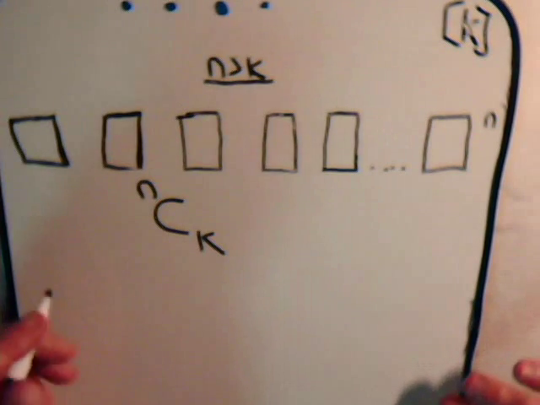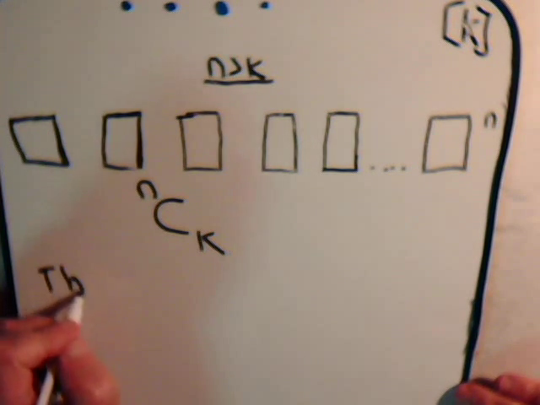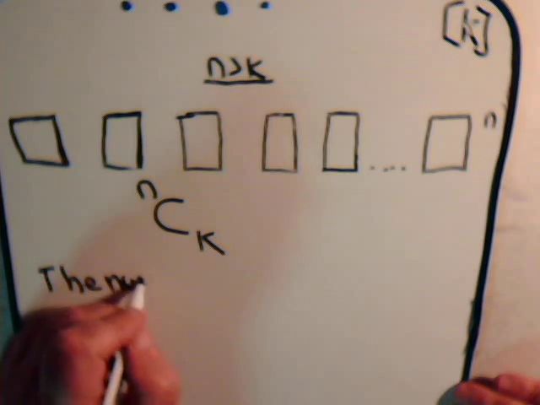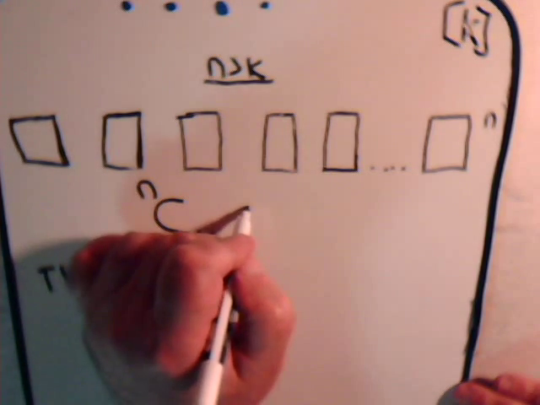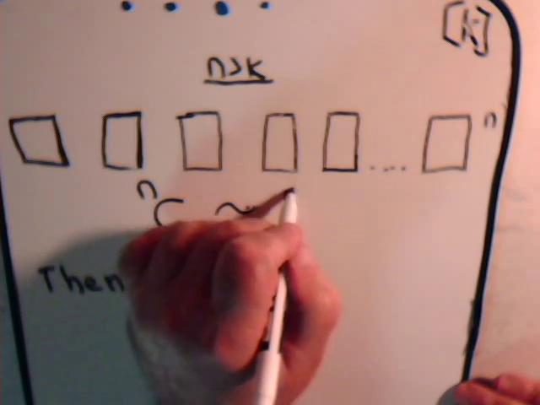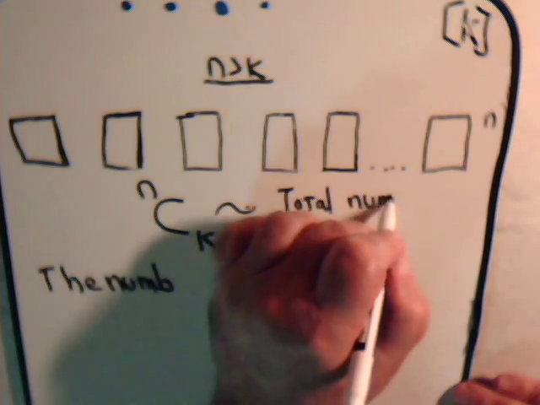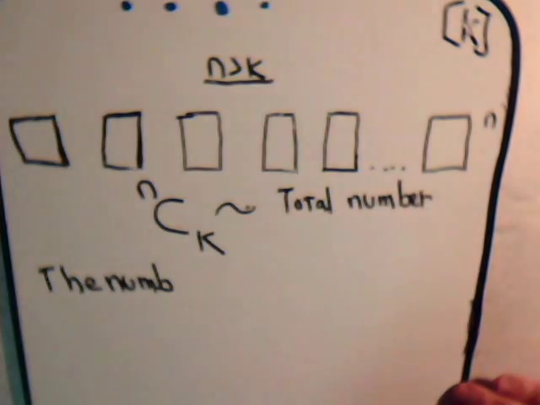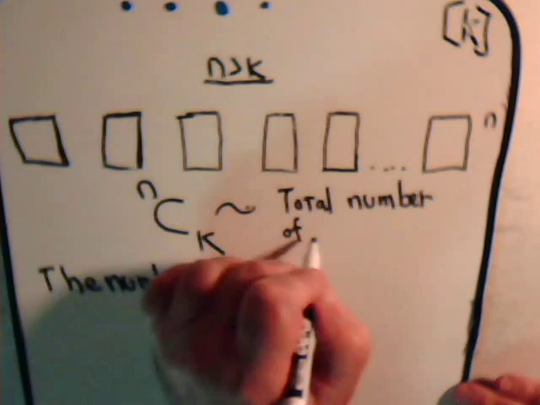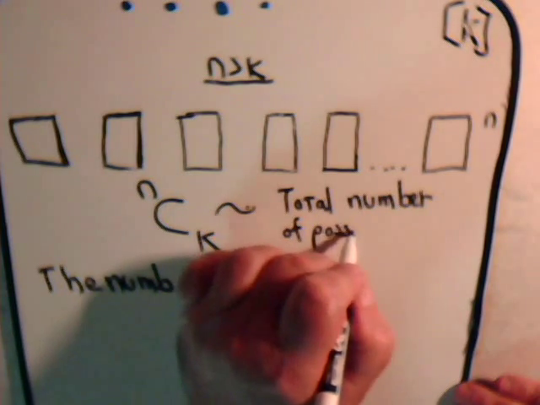So this is the total number of possible distributions.